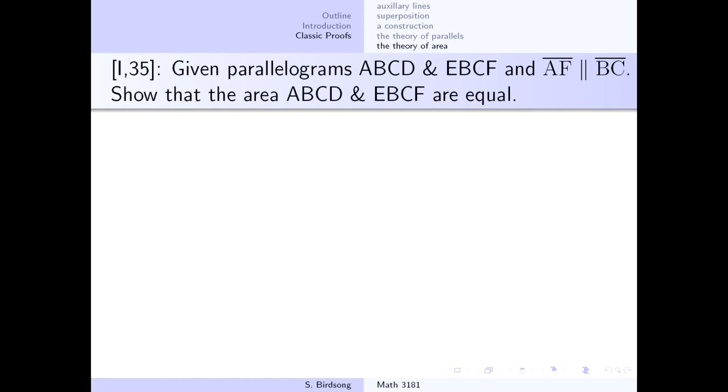Alright, so let us look at an example. And the example that I want to look at is Proposition 35 in Book 1. Proposition 35 in Book 1 isn't one we've gone over before, but it's right after one we have gone over before. A reminder, Proposition 34 in Book 1 was almost everything you could want about parallelograms.